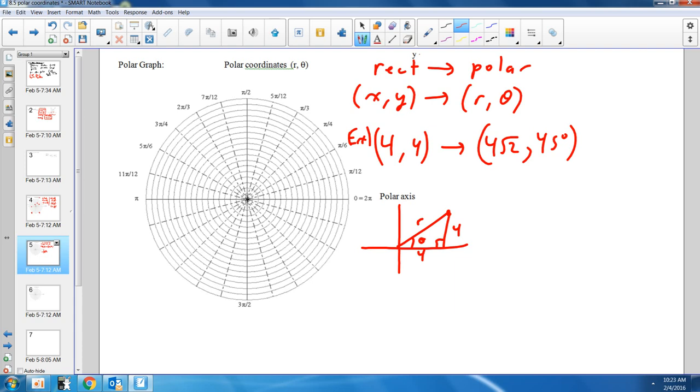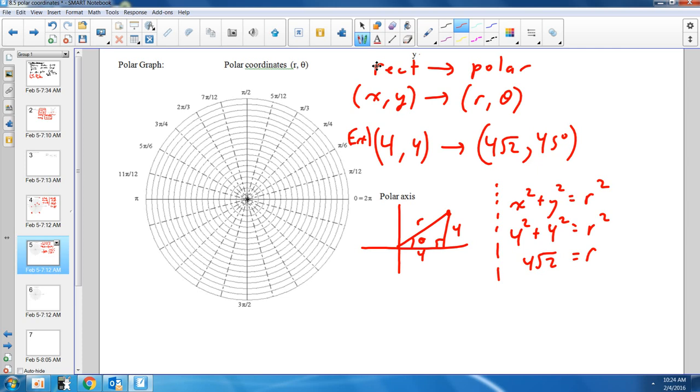Well, let's say you don't like to do it this way, but you want to do it the other way, which is to actually use your identities, your equations. Let's see if we can figure that out. Well, I know that x squared plus y squared equals r squared, so 4 squared plus 4 squared equals r squared. R is going to equal 4 square roots of 2, if you want to do it that way.